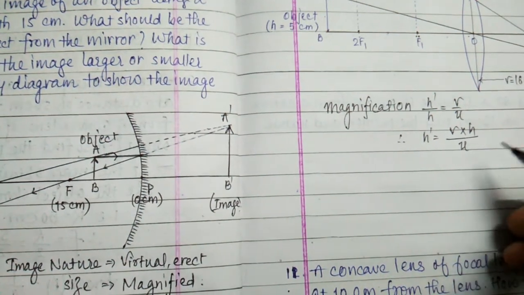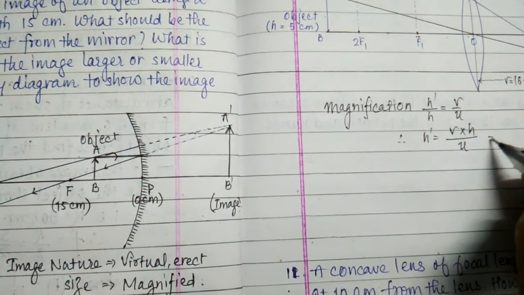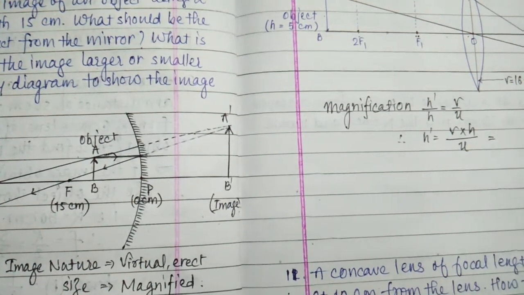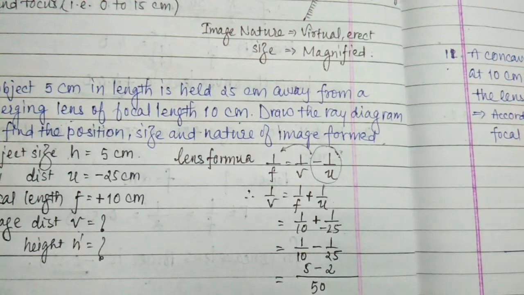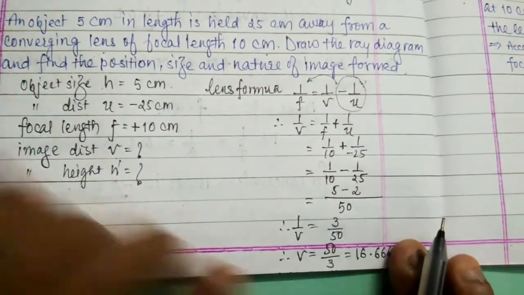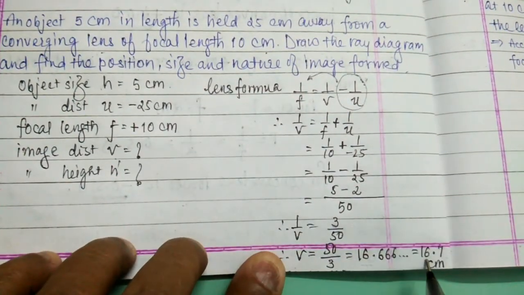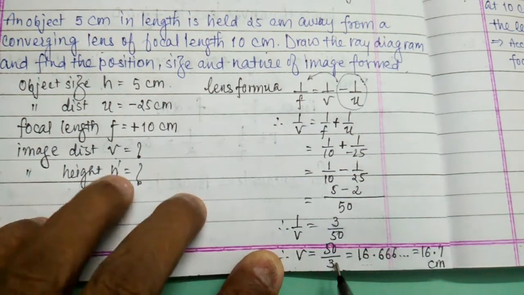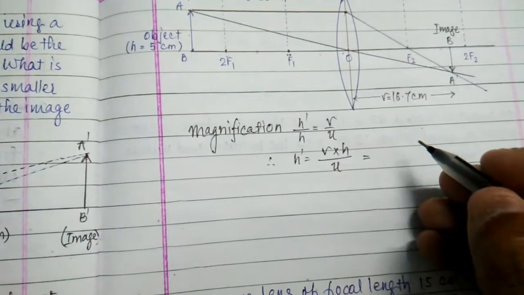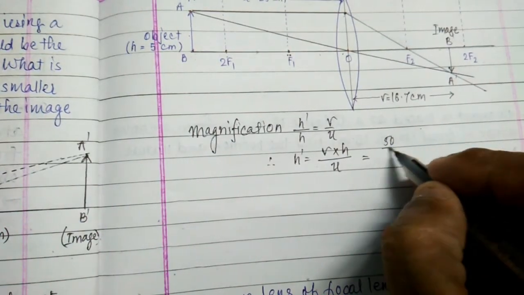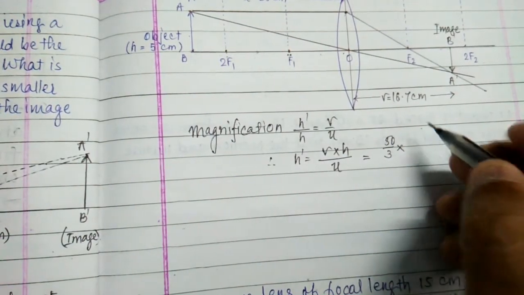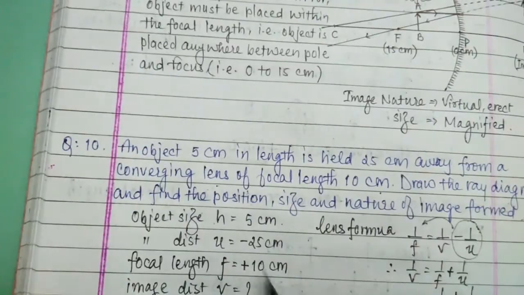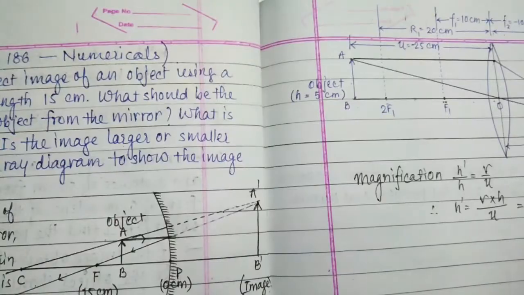So we can take v is equal to 50 upon 3 or 16.7, any one of them. So v is equal to 50 upon 3. H height is equal to 5 centimeter.